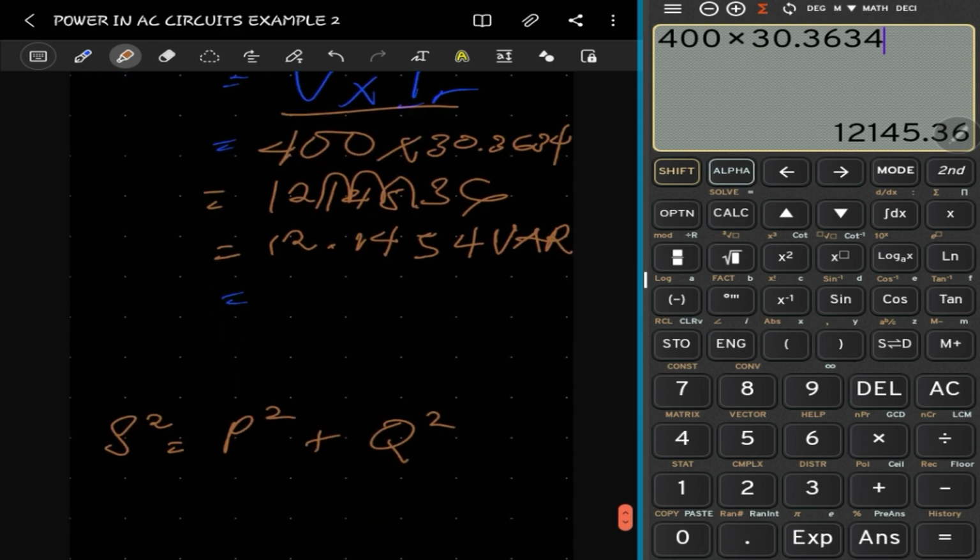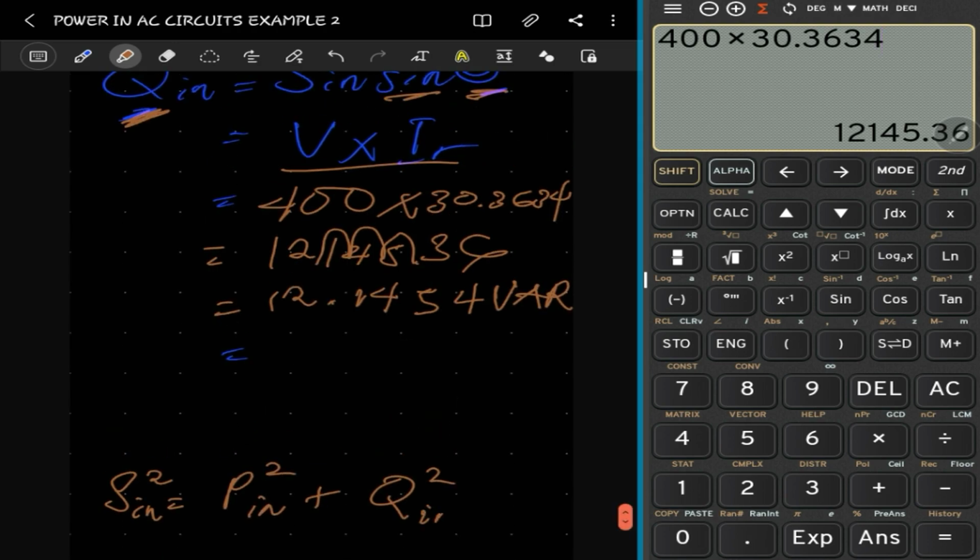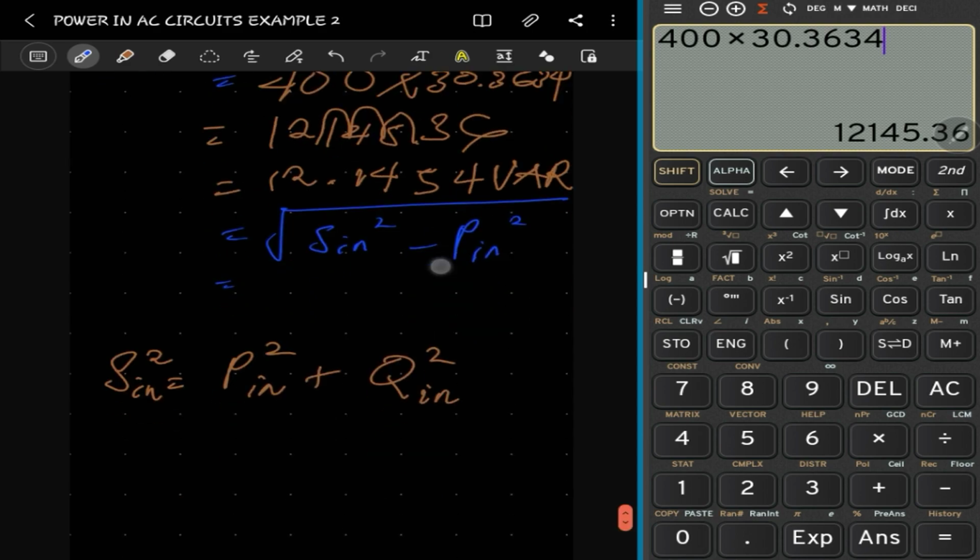Here we have the S in, we have the P in, and so we can look for the Q in. It didn't specify, so that's what we are using. So Q in will be the square root of S in squared minus P in squared. Let's see what we get for that as well.